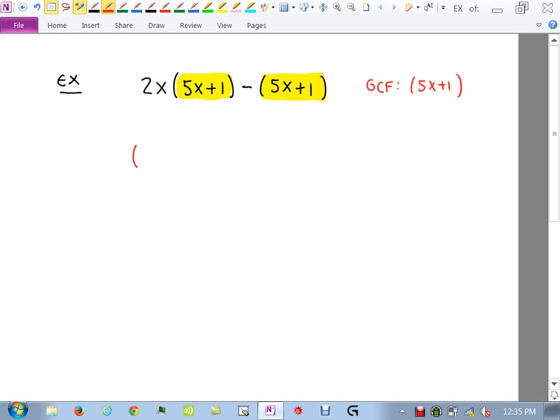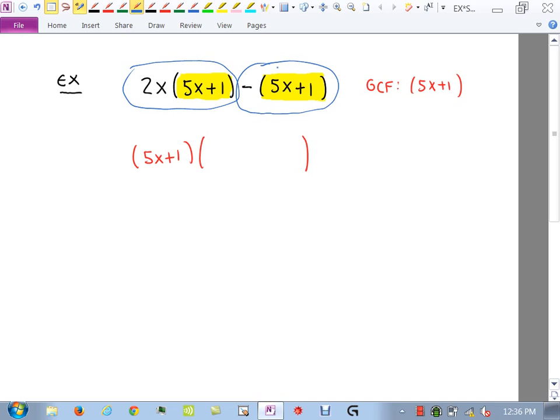And then I can write that GCF on the outside, and then I put a set of parentheses, and I need enough room in those parentheses to put how many things? 2, right? Because I need to account for this piece and this piece over here. So it's almost like a binomial. What's missing on the first piece?